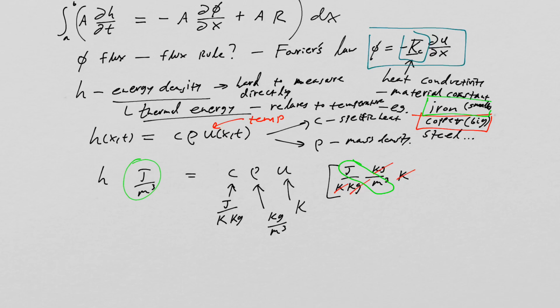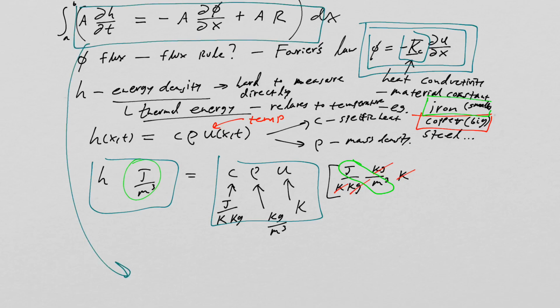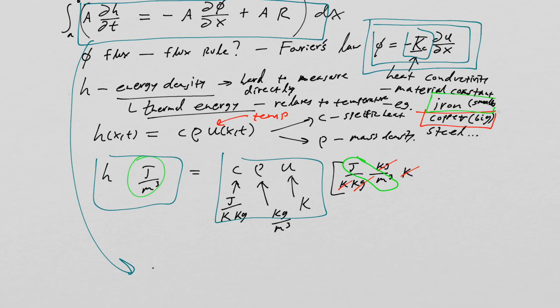Okay, cool. All right, so that means what we have here, though, I'm going to go back up there. There's our flux law. Our flux law relates flux to a temperature gradient. And our specific heat parameters relate energy density to temperature. So now we should be able to put these together in our PDE that's sitting up here. So let's bring that down. And now I'm going to write it again. So what we have now is A times the partial derivative in terms of time.